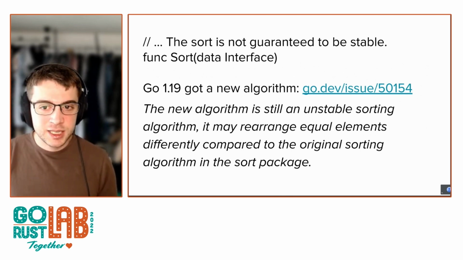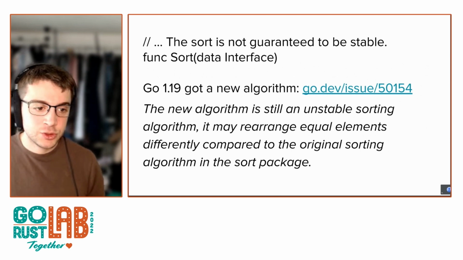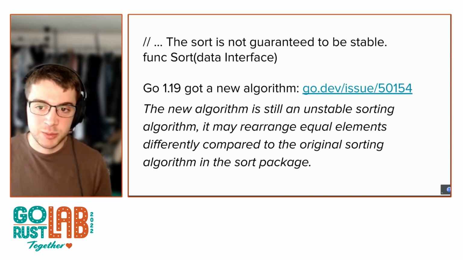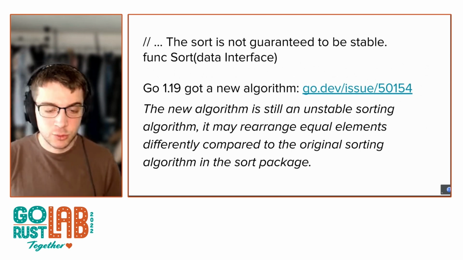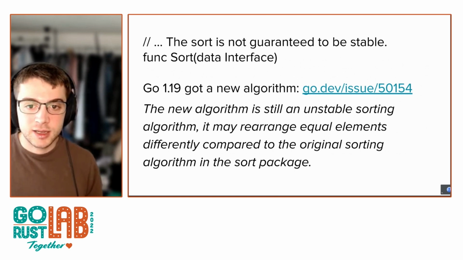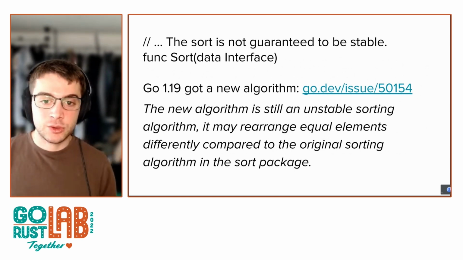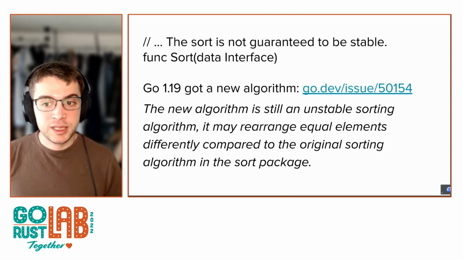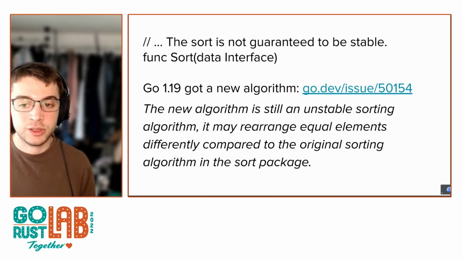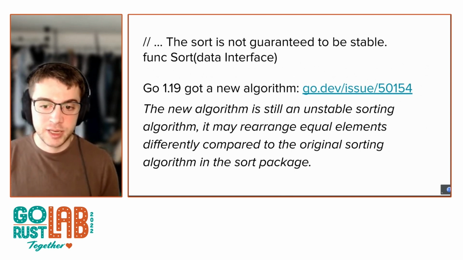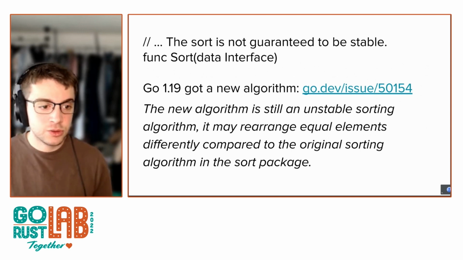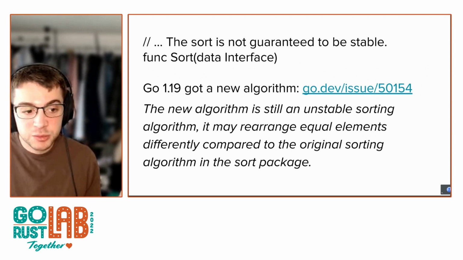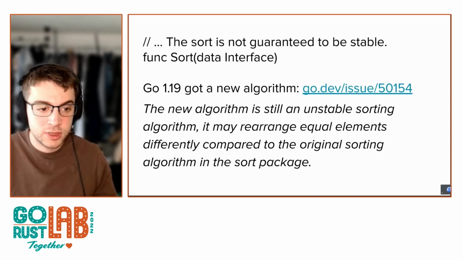And Go 1.19 changed this unstable sorting algorithm. The proposal, which was accepted and implemented for Go 1.19, said, the new algorithm is still an unstable sorting algorithm. It may rearrange equal elements differently compared to the original sorting algorithm in the sort package. So the proposal was already saying, we might break some users, but this was all documented.